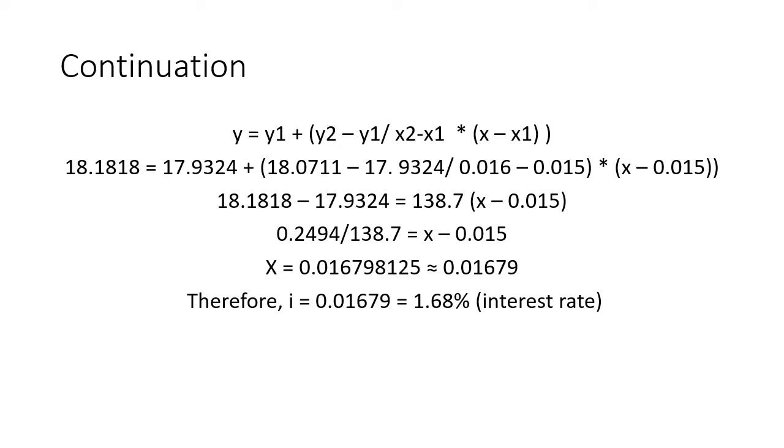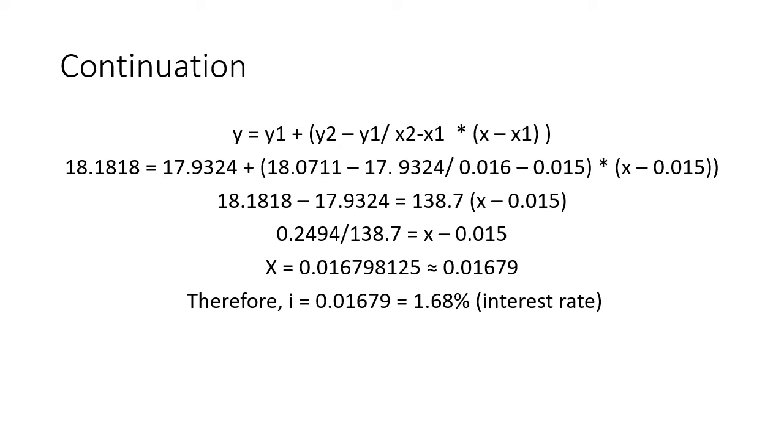So when we compute the following, 18.1818 minus 17.9324, 17.9324 was taken to the other side. When taken to the other side, we subtract it, and that gives us 0.2494.